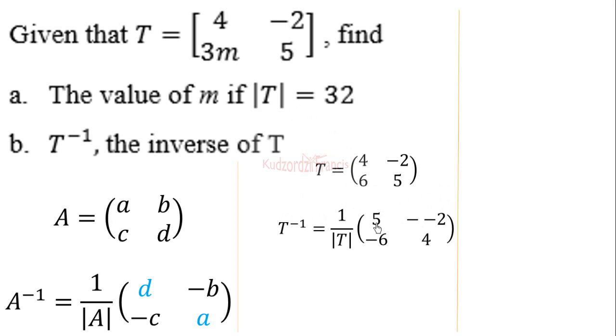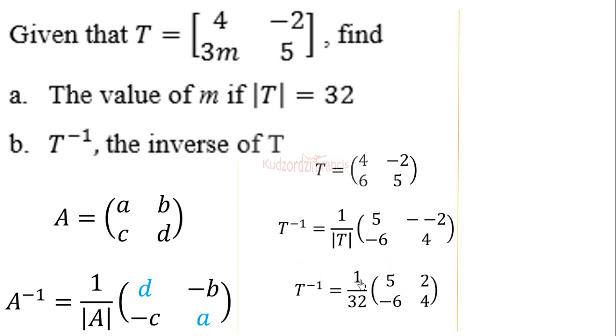Then we also swap the leading diagonal. You bring this one here and send this one here. Then you negate the minor diagonal. So that will give us this expression. Note that negative will be positive.